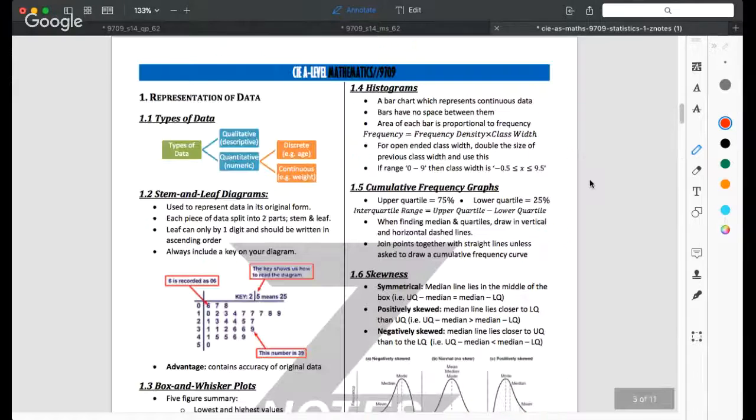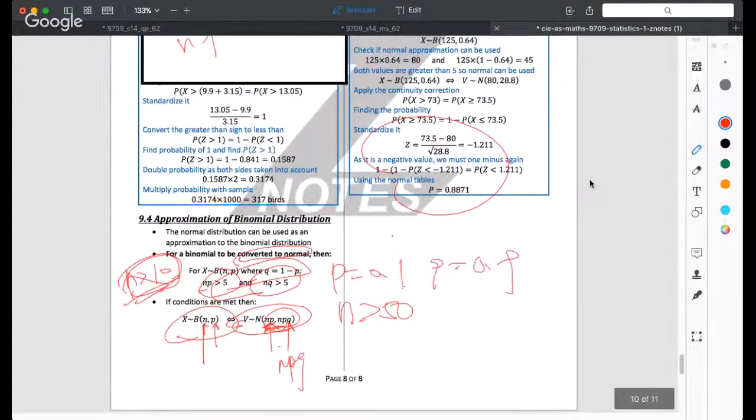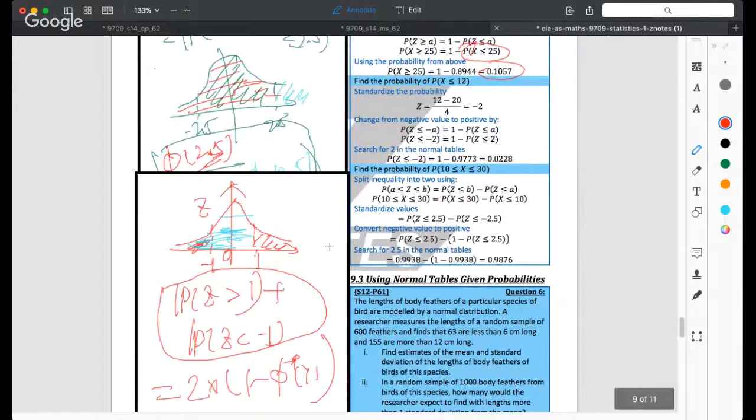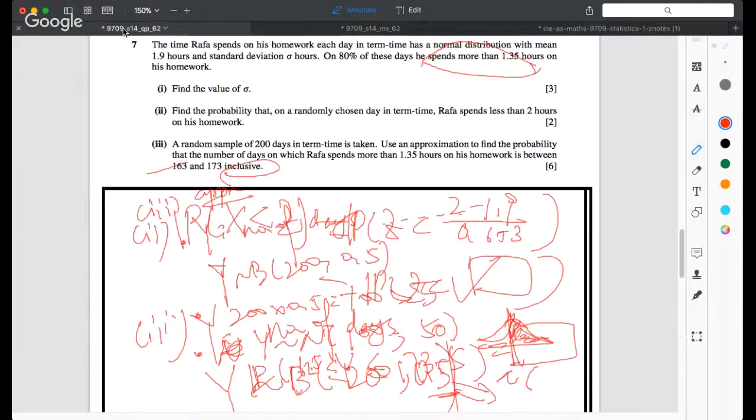Let me just double check. Yes, the variance is NPQ. And in this case, both P and Q.